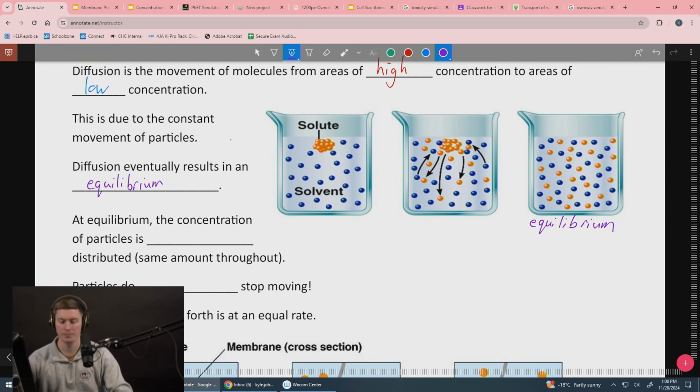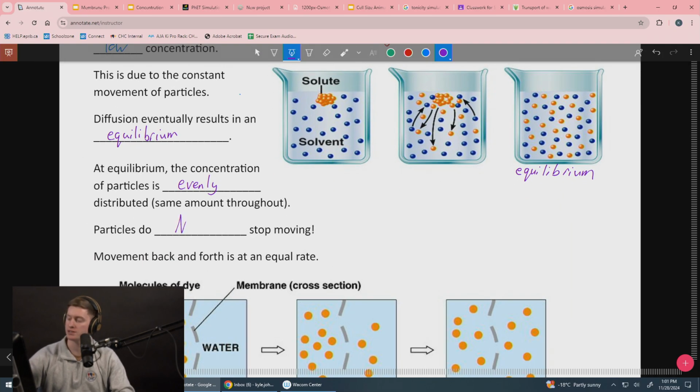At equilibrium, the concentration of particles is evenly distributed. You have the same amount throughout the volume. Now, the particles do not stop moving at equilibrium. They are still moving around back and forth. It's just that the movement is back and forth at an equal rate.